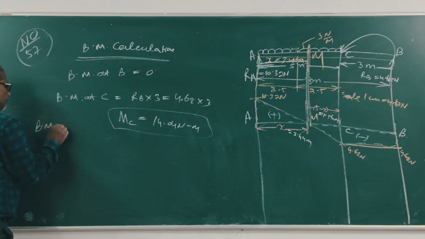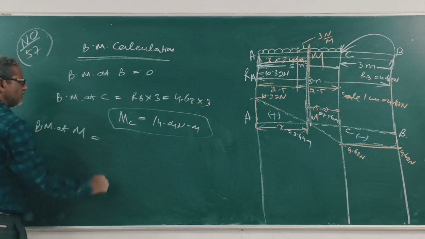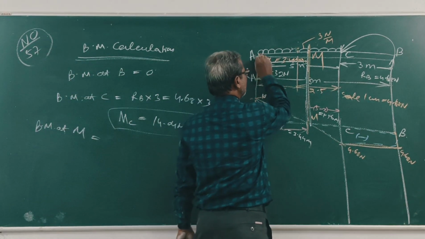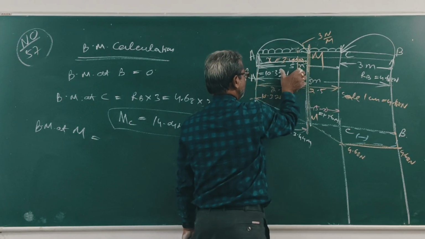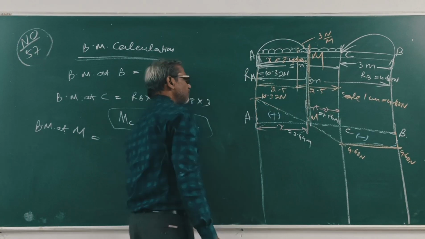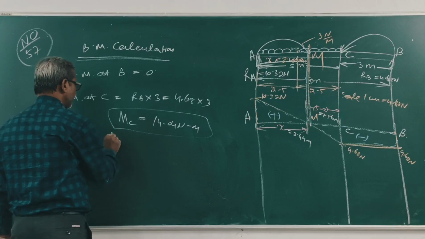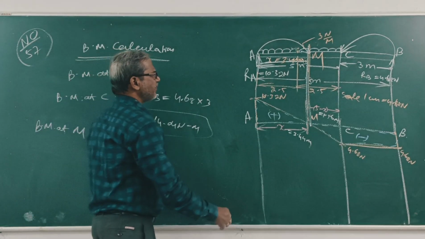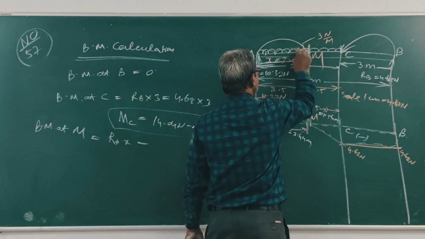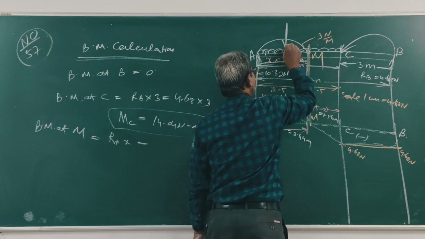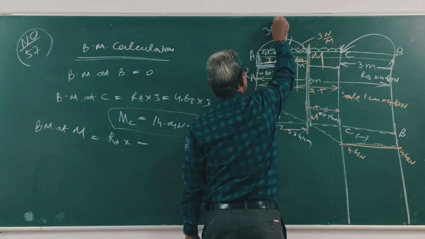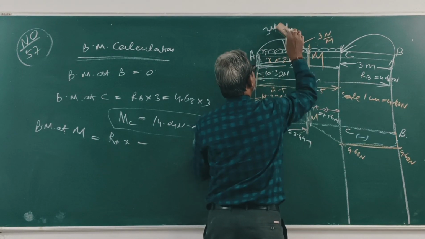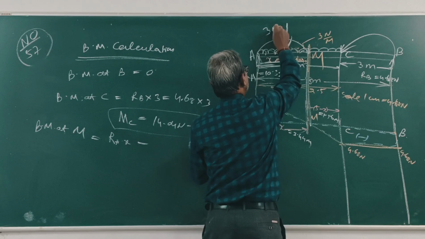BM at M, start from A. RA into x minus this amount. What is this? 3 Newton per meter into x, 3x.